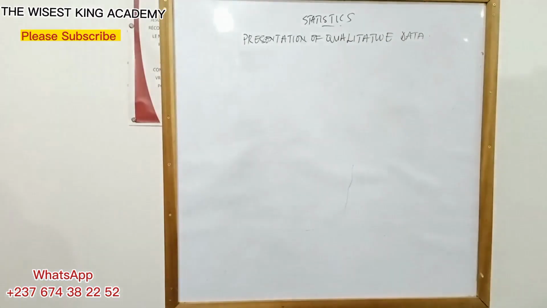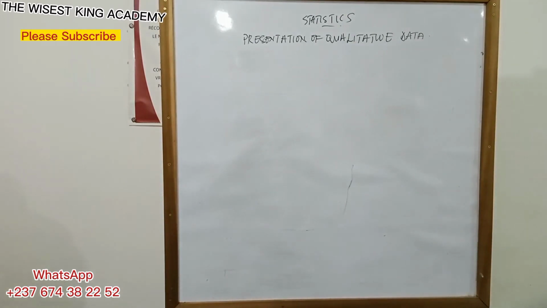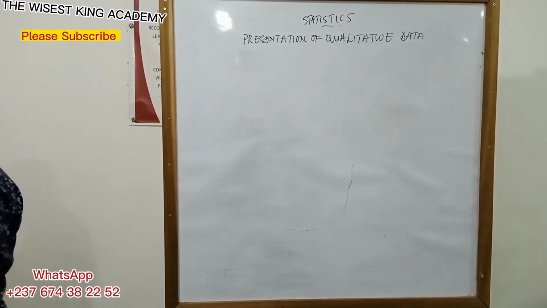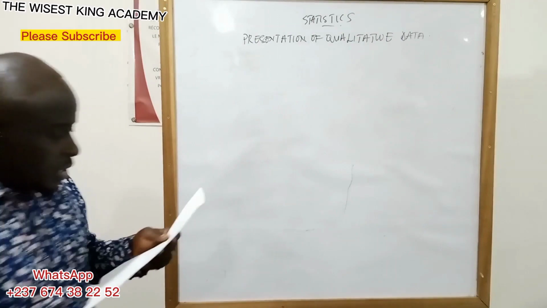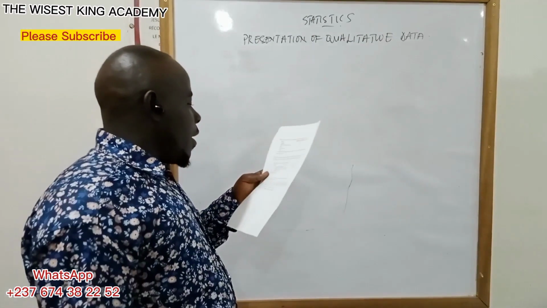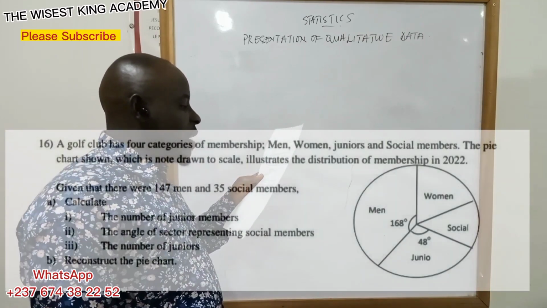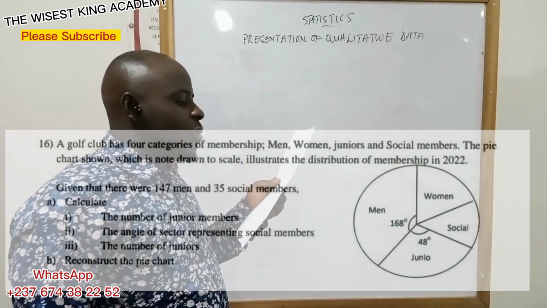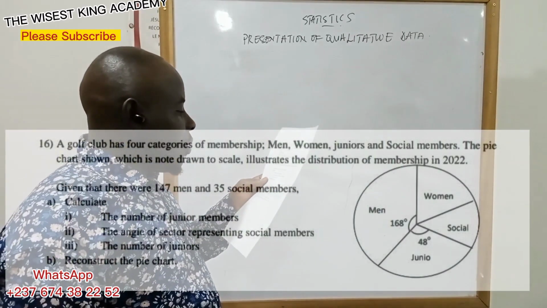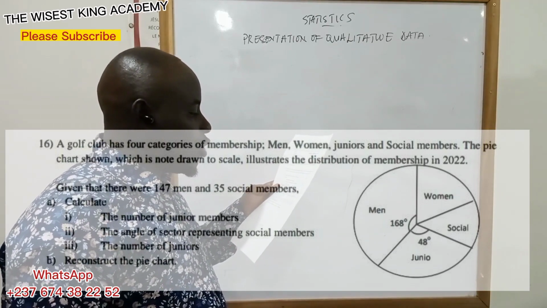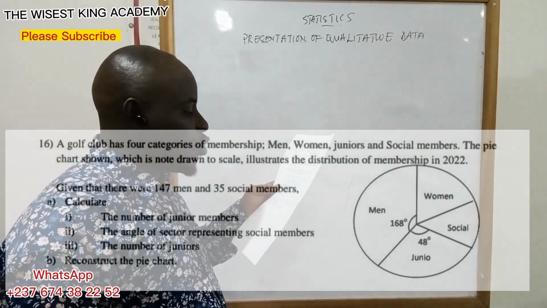So we'll take question number 16, which is on pie chart. A golf club has 4 categories of membership: men, women, juniors, and social members. The pie chart, which is not drawn to scale, illustrates the distribution of membership in 2022.